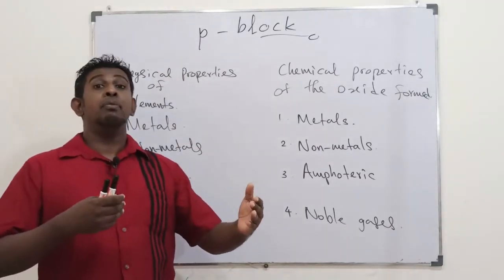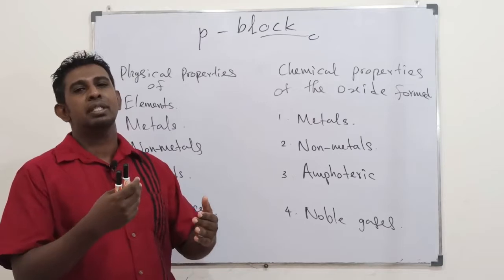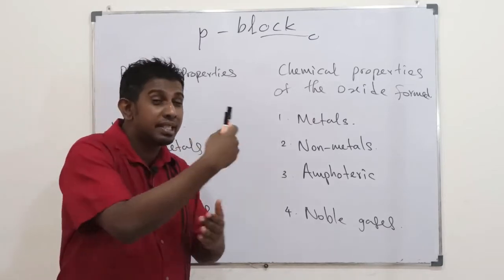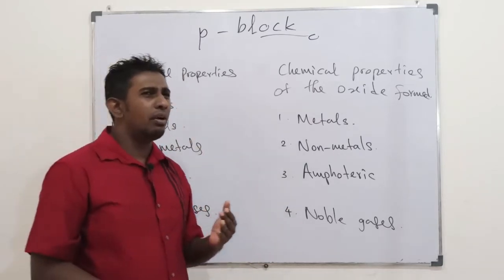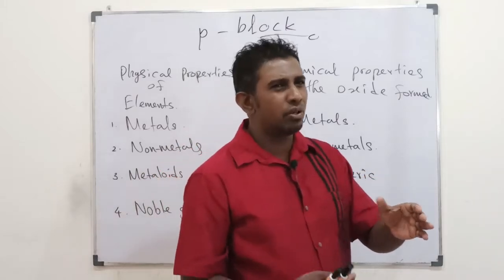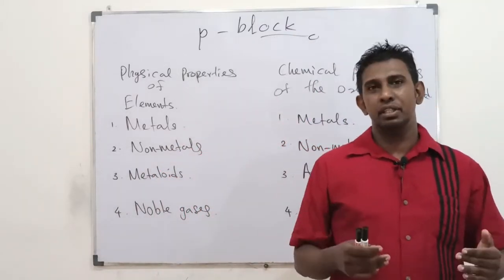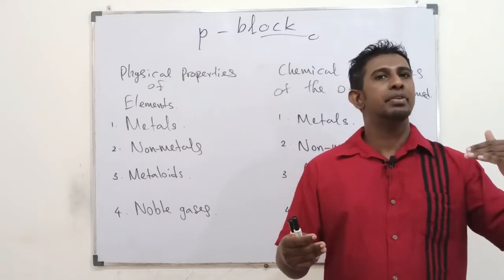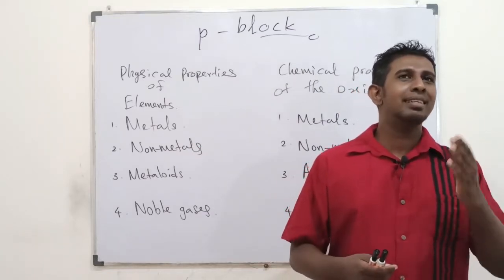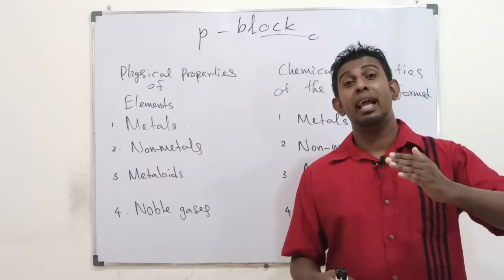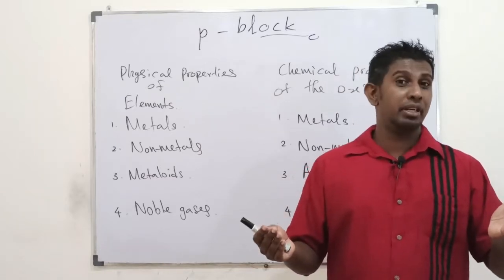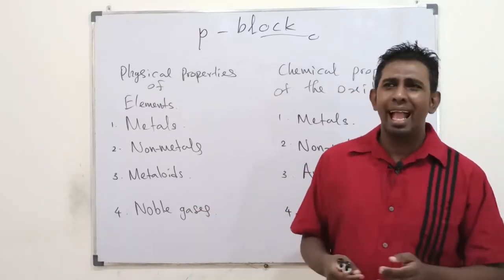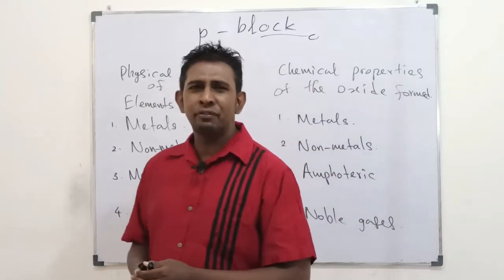Then vice versa, when they use the other way of this same concept, they base it on the properties of the oxide. The properties of the oxide are the basis for naming elements as metals, non-metals, and amphoteric, not metalloids, and noble gases. If any element forms all its oxides as basic, it is clearly a metal.